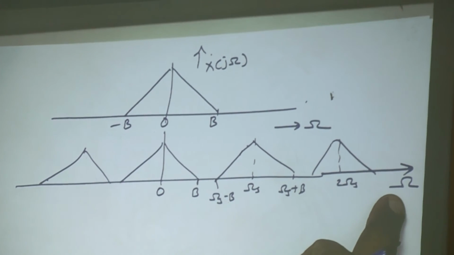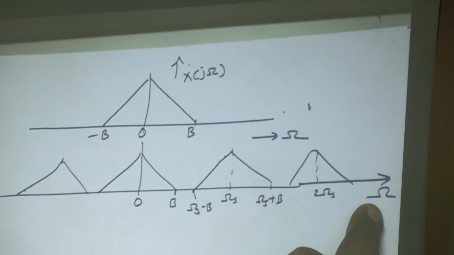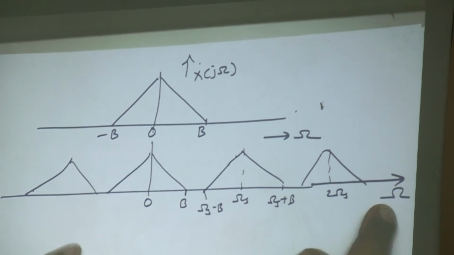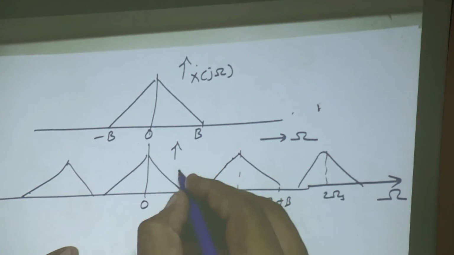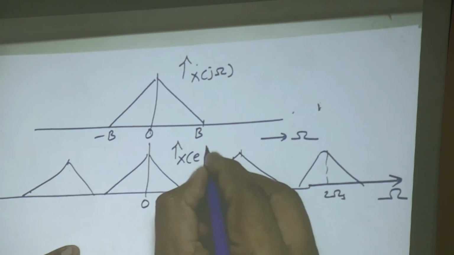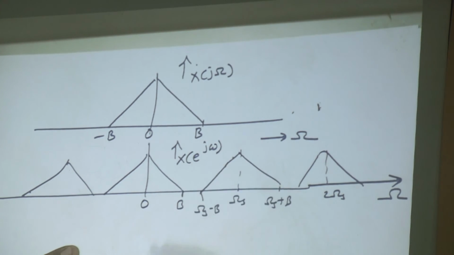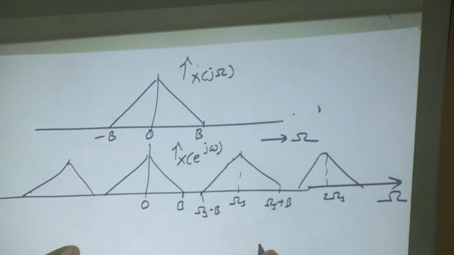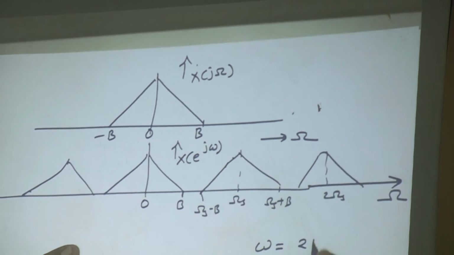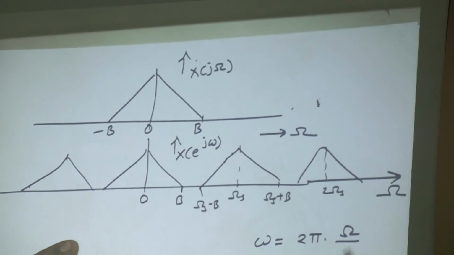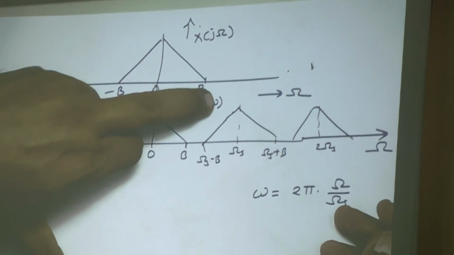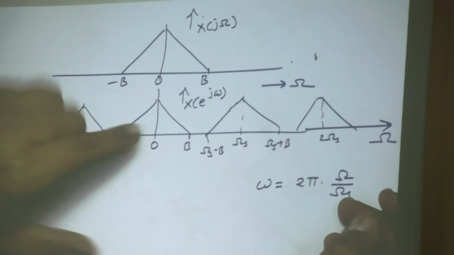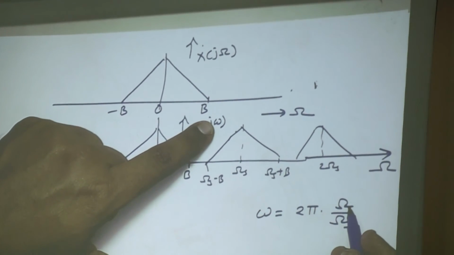When I write this as capital omega, this is what is on the x axis here. What is on the y axis here? It is x of e to the power j omega. But the relationship is, what is omega? Omega is 2 pi times capital omega by omega s. So I can draw the plots with reference to small omega or capital omega.